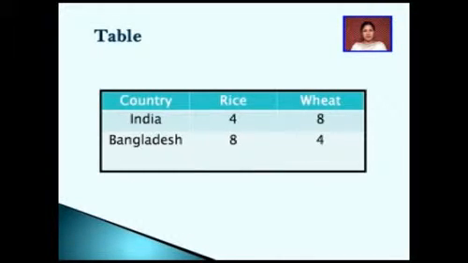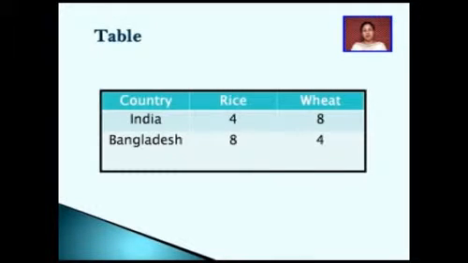Now, it is clear from the table itself that India has an absolute advantage in the production of wheat in comparison to rice, whereas Bangladesh has an absolute cost advantage in the production of rice in comparison to wheat. So, India will export wheat to Bangladesh, and in return for wheat, India will purchase or import rice from Bangladesh.